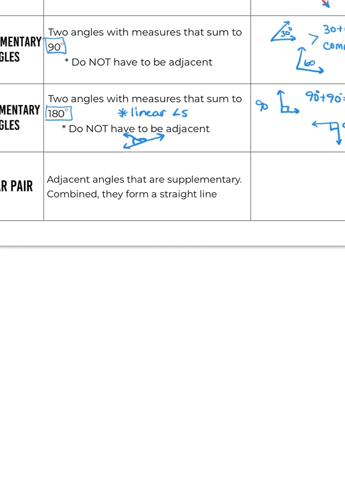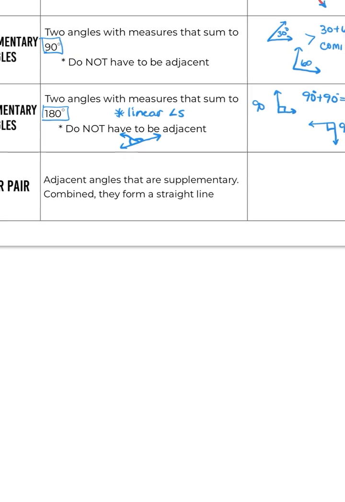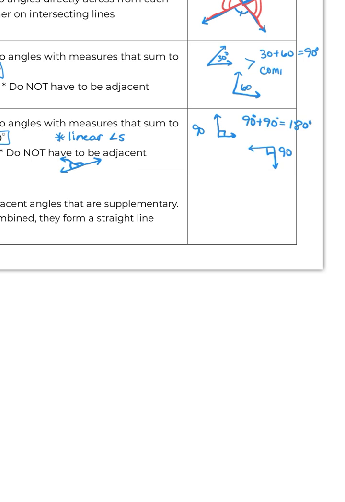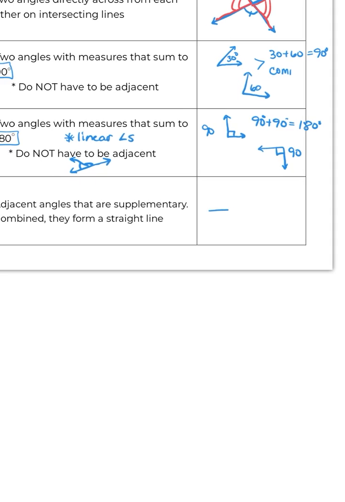Finally, we have what are called a linear pair. You're going to see this a lot. So a linear pair are supplementary. So I might have this as an angle. And so say this is 30, and then say this is 150. 30 plus 150 is 180.